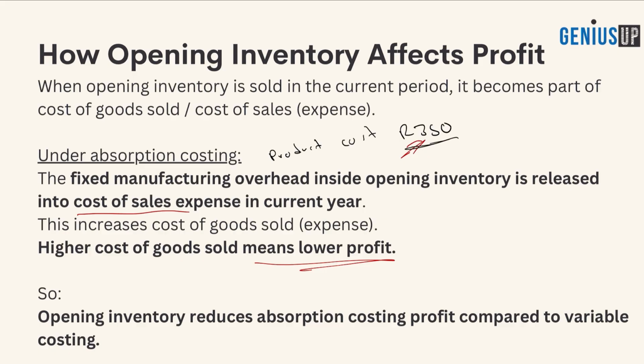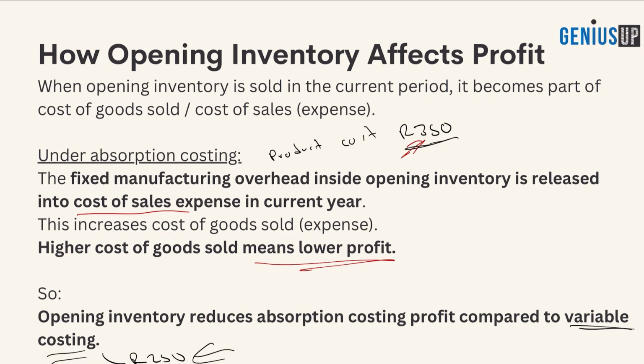So basically, opening inventory reduces absorption costing profit compared to variable costing profit, because under absorption costing, we're going to expense 350. However, under variable costing, we're only going to expense 250, which is the product cost that excludes fixed manufacturing overheads, because remember, product cost under variable costing does not include fixed manufacturing overheads.